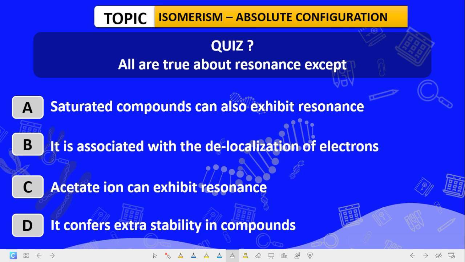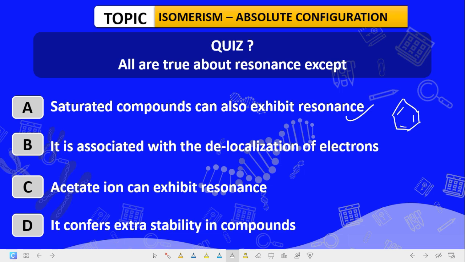For instance, this question says all are true about resonance except A. Saturated compounds can exhibit resonance. Is that true? That's not true. Resonance is only possible with unsaturated systems because it's the delocalization of pi bond, and pi bond can only be found in what? Unsaturated system.